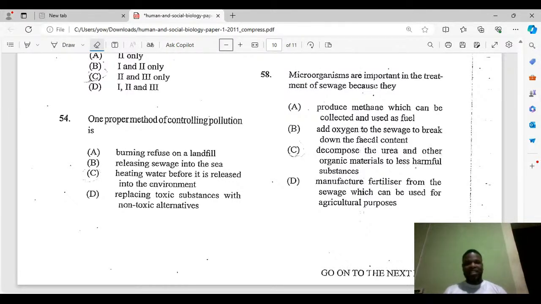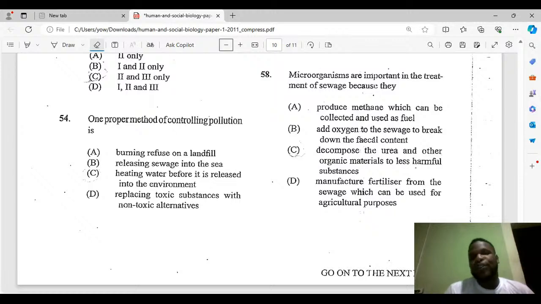They add oxygen to the sewage to break down the physical content. So yes, microorganisms act as decomposers because they decompose the urea.